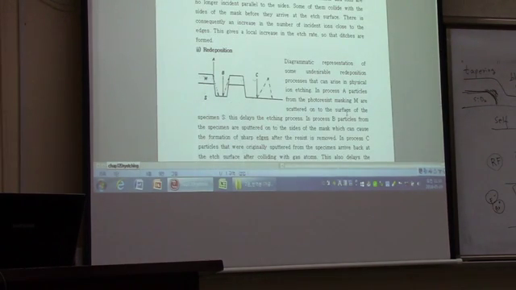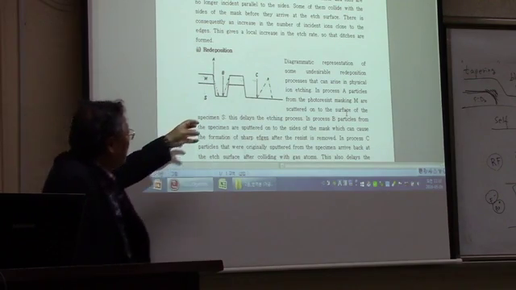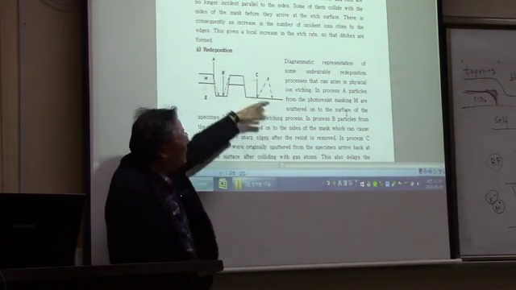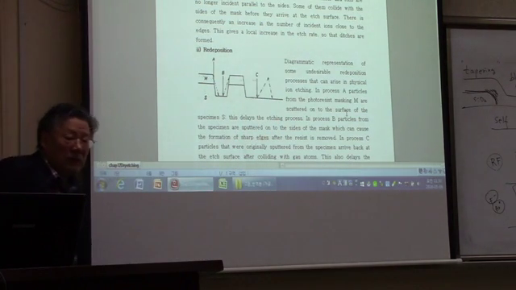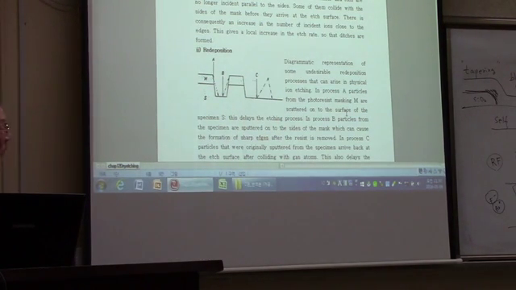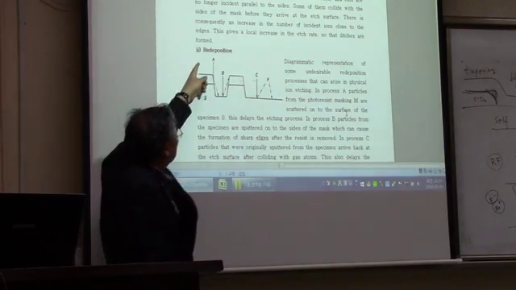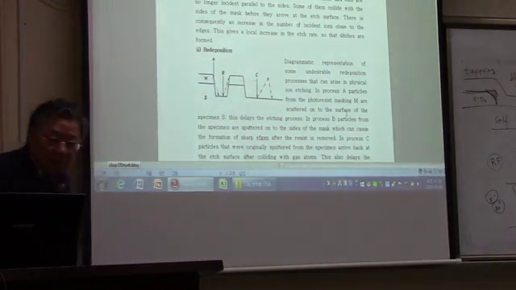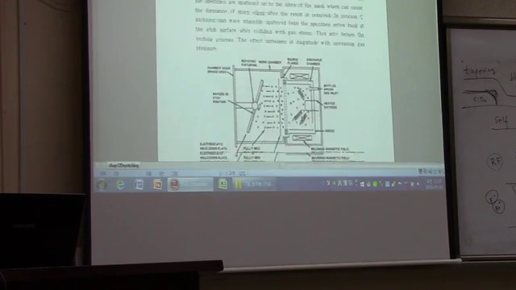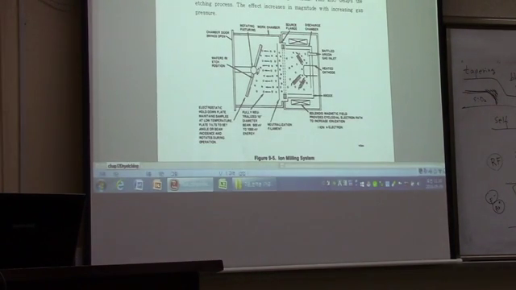And the redeposition: the etched material is going to be deposited somewhere else, where the material has to be etched. So we call that redeposition. Okay, that's just an intuitive thing that we can expect.